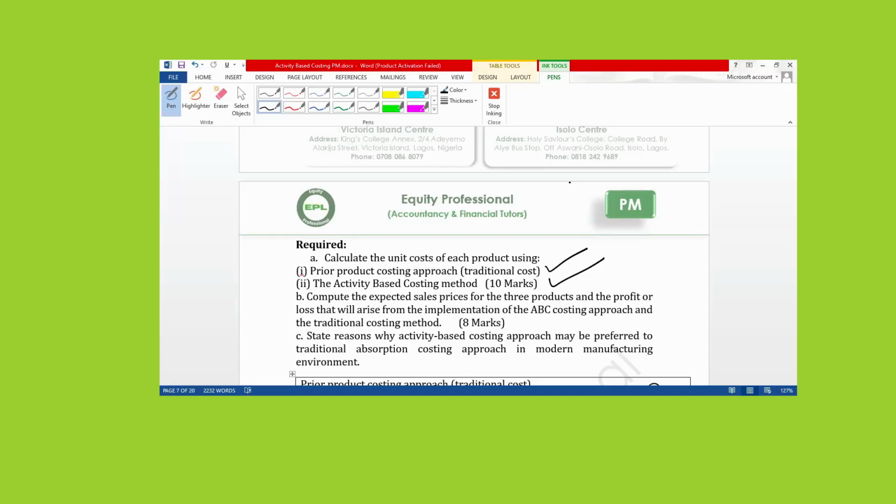Calculate the expected sales prices, that is selling price, for the 3 products and the profit or loss that will arise from the implementation of the activity-based costing method and the traditional costing method.